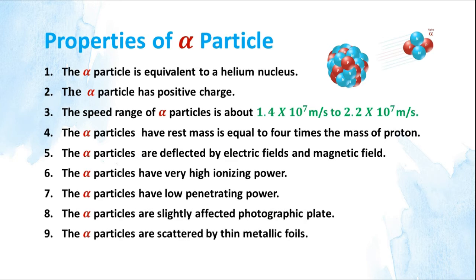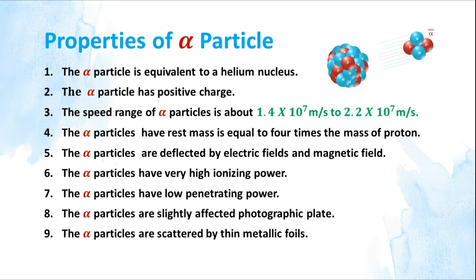Next, very important, the alpha particles are scattered by thin metallic foils. As you know, in the famous alpha scattering experiment, the Rutherford experiment, Rutherford used gold foils. Gold is a metal, and gold foil means a very thin sheet of gold. So the scattering property also it has.